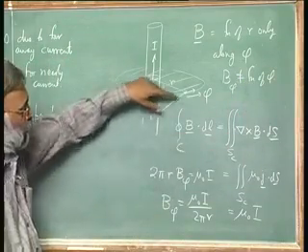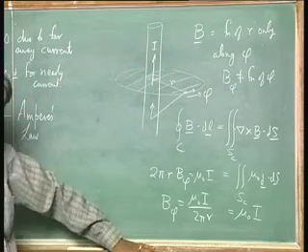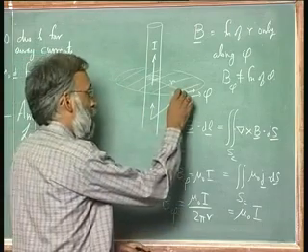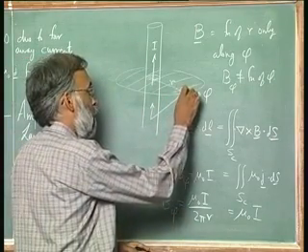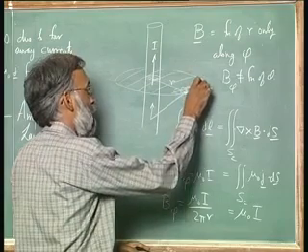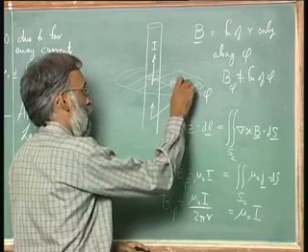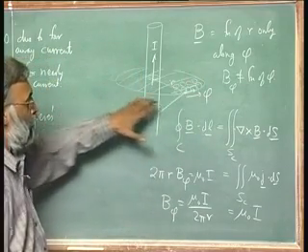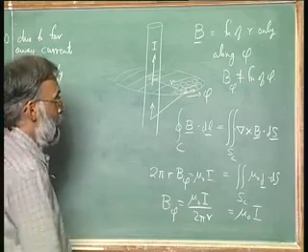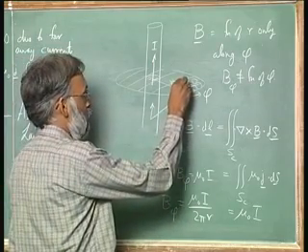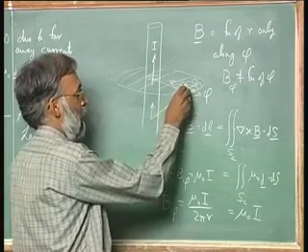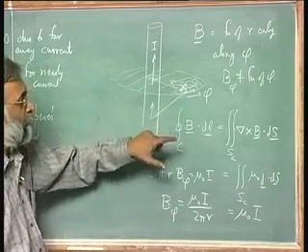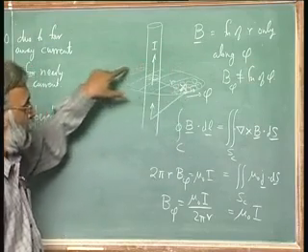Then I take this loop integral B dot dl. Now, B dot dl can be built up out of a whole lot of loops. This is what we did in Stokes theorem. You build this surface out of a whole lot of loops. Internally, each loop has field one way and field the other way. So, the field contributions cancel. The only contribution left is the field along the edge.